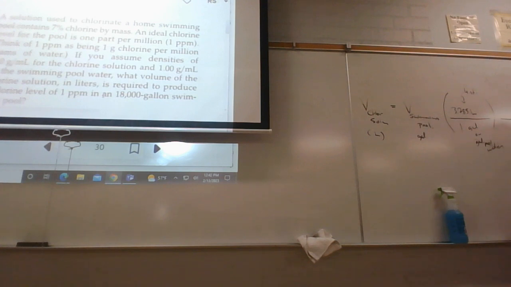And we want to cancel that out. Is there something that cancels out liters of pool water? There's nothing that has liters of pool water. There is something that has milliliters of pool water. So if we go from liters to milliliters, that will help. How many sig figs in this conversion factor?